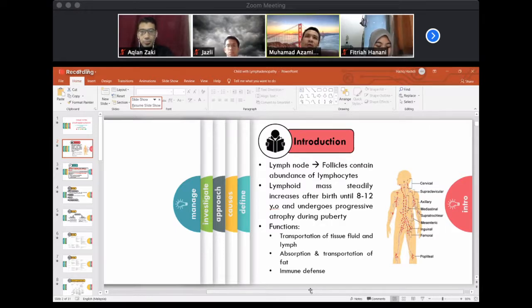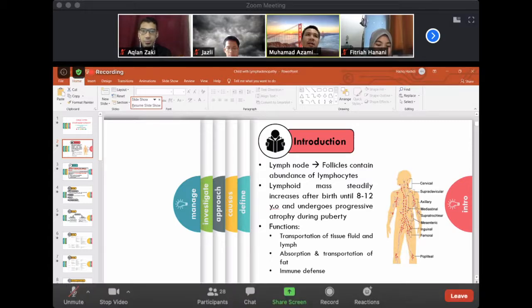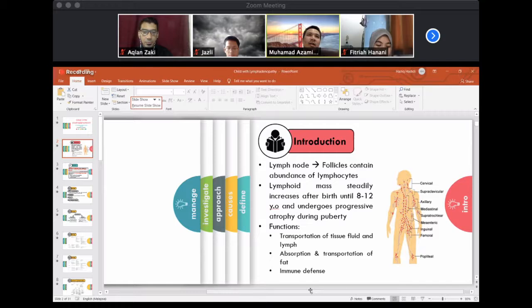The way that you manage them depends on the pathology, depends on the causes. So if this is infection, you give antibiotics treatment. If you think this is CMV infection, then there's not much you can do about that. EBV, sometimes you don't really do much about EBV itself, unless there's any complication from the EBV infection.